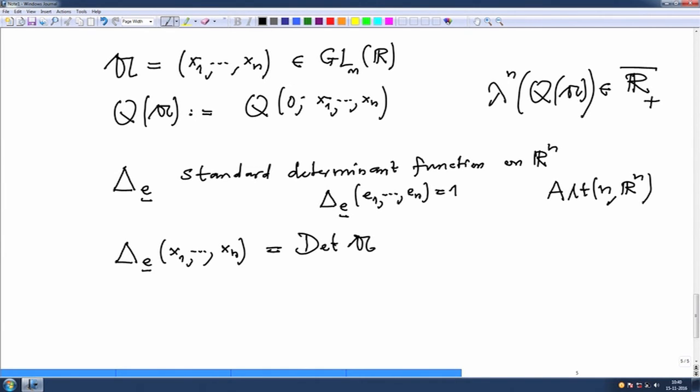And now I want to prove the following theorem. The theorem is the most important theorem.